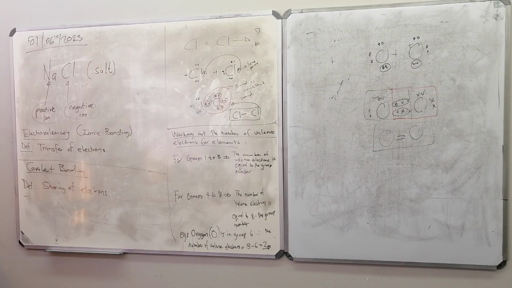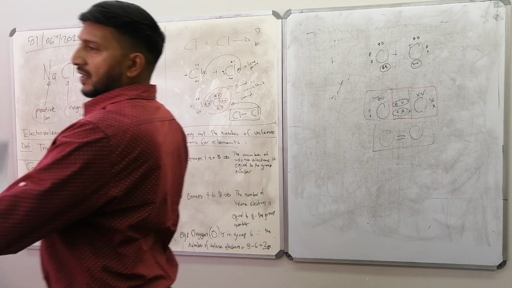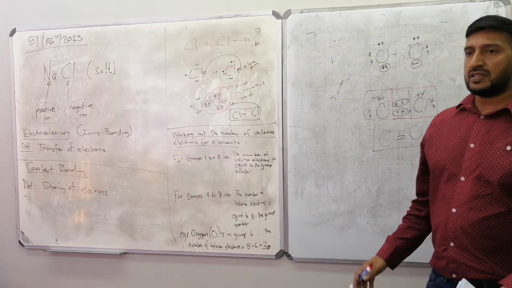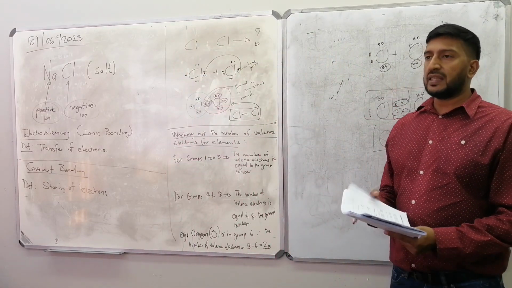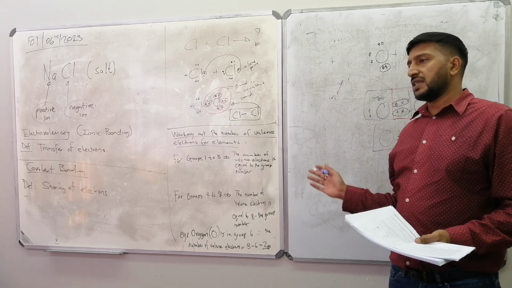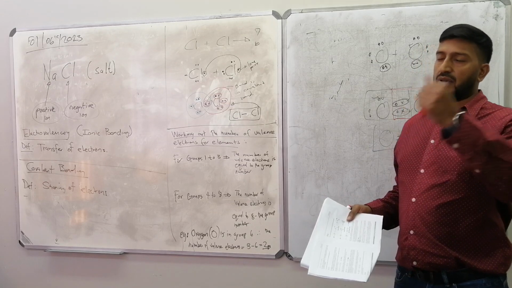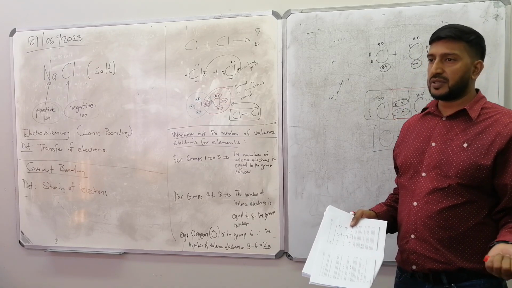Where's chlorine? Halogen, sorry. It's in group 7. So chlorine is on the far right, hydrogen is on the far left. So how it works is the one that is more on the right hand side will be the negative pole, and the one on the far left will be the positive pole.